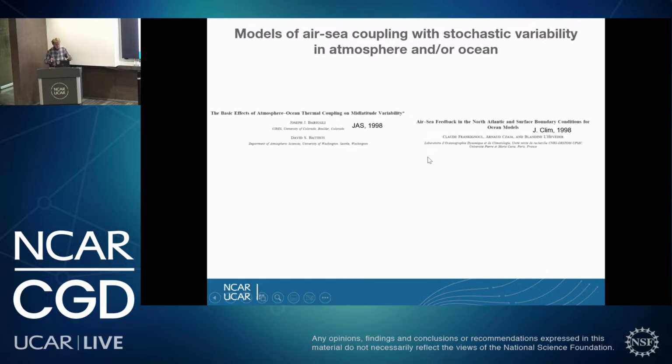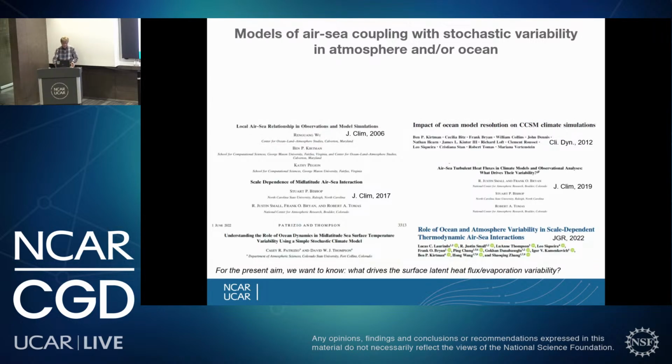Then, following that, Barsugli and Battisti came up with basically a coupled version. The previous two papers were looking at the ocean mixed layer responding, with an equation for the ocean temperature. Barsugli and Battisti had atmosphere temperature evolution in it as well. It was strongly coupled. And then another paper by Frankignoul et al. used basically the mixed layer model framework to look at feedbacks, air-sea feedbacks.